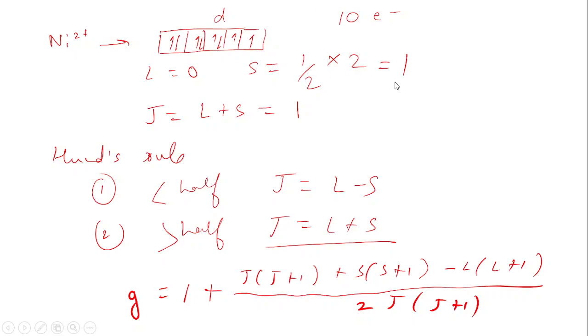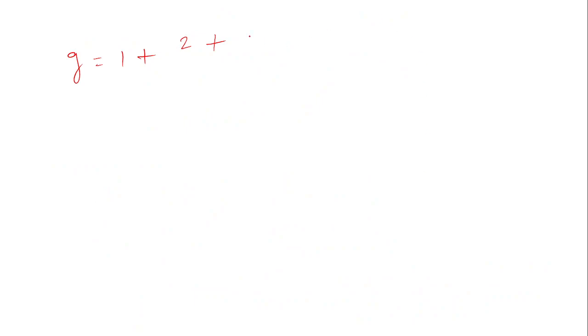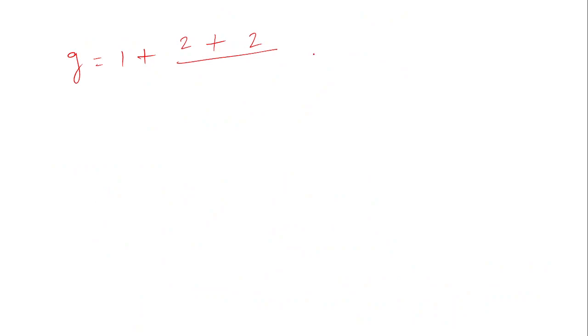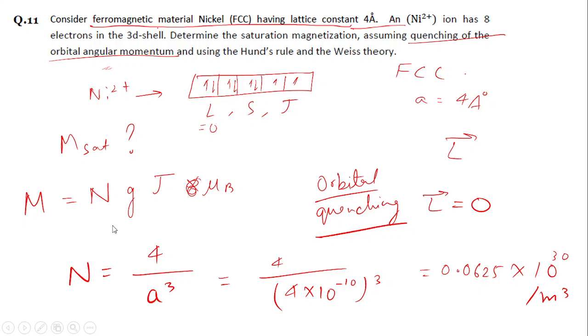S is also 1, so S(S+1) is 2, and L is 0. In the denominator, J is 1, so 2 times 1 times 2 is 4. So 1 plus 4 by 4, which is 1 plus 1, that is 2. So G is 2.